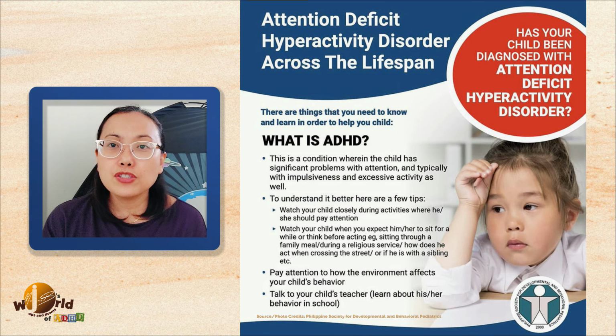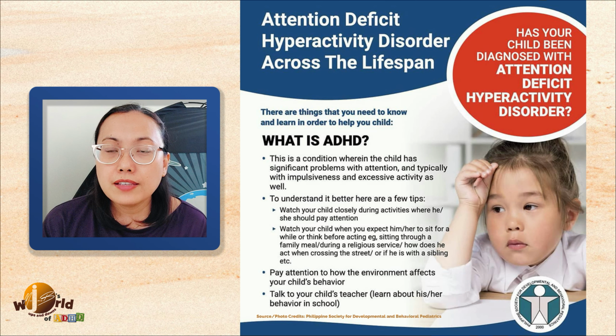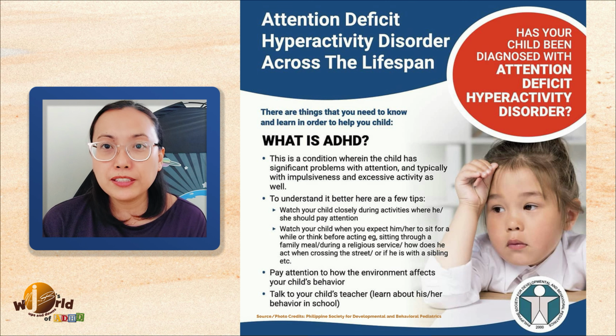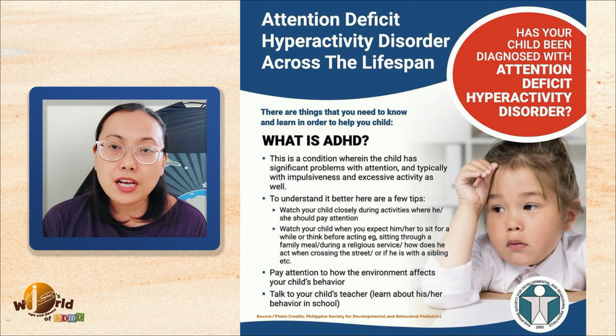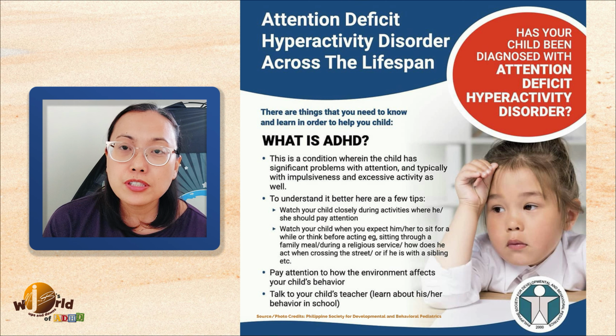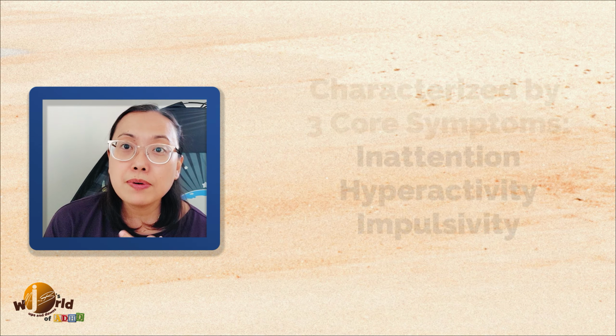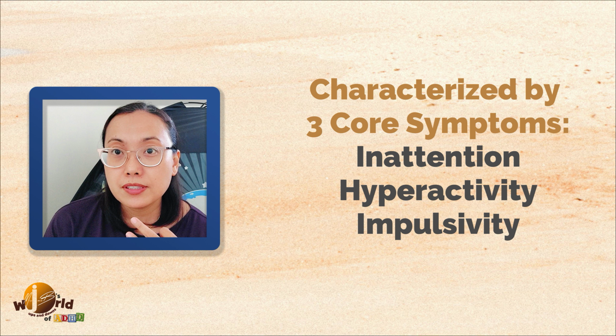So ADHD is a neurodevelopmental condition that affects a child's daily functioning, including social interaction and academic performance. It is characterized by 3 core symptoms.